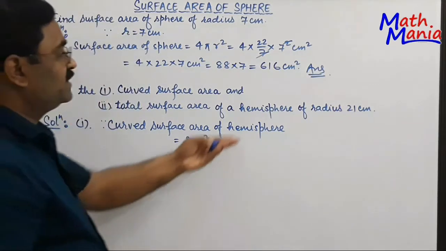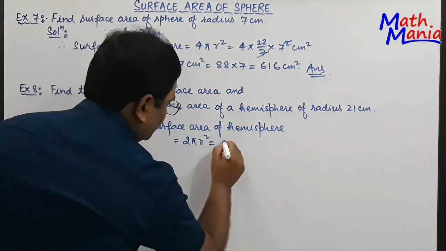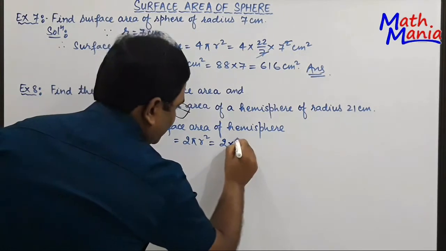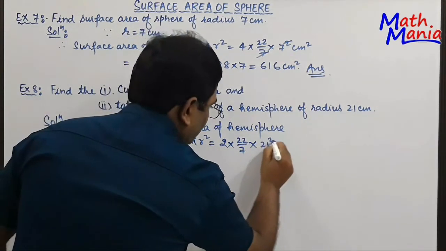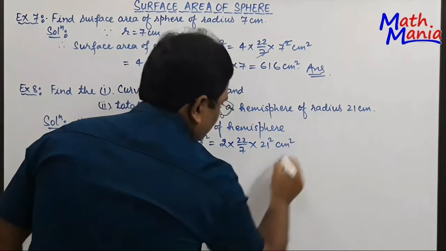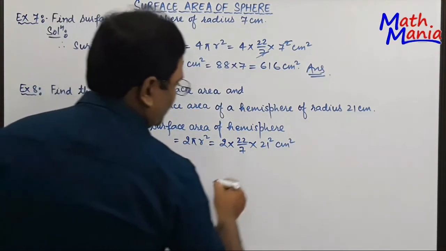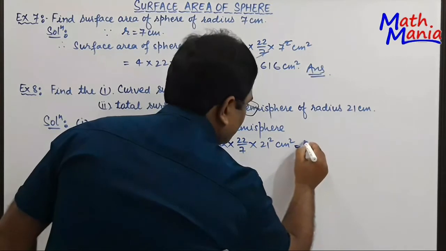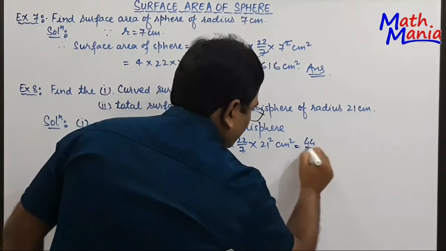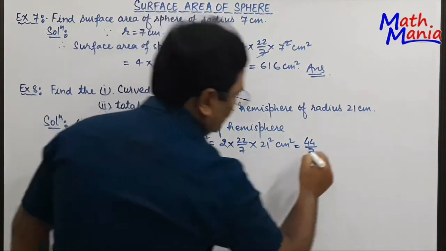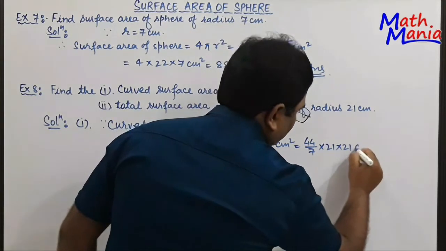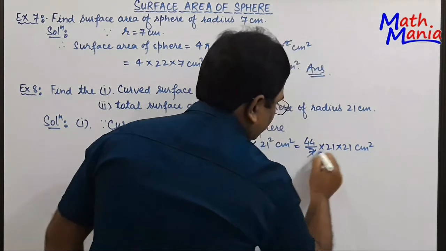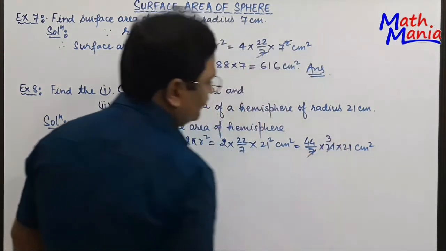Substitute the value of radius, which is 21 centimeter. 2 pi is 44 upon 7. R square means 21 square centimeter square. So let us solve it. It can be written as 44 upon 7 multiplied by 21 into 21 centimeter square, which is 7 3s are 21.